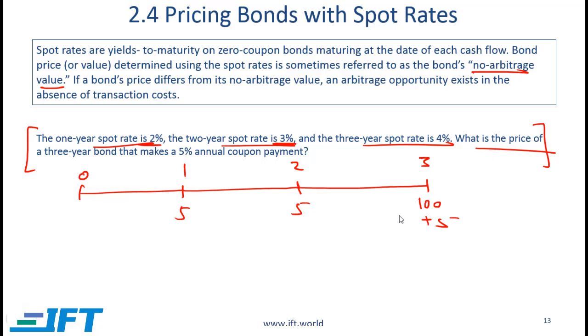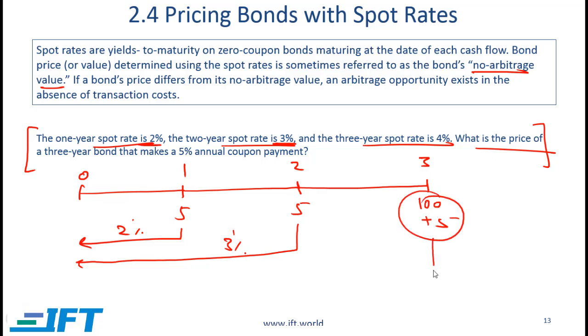Discounting with spot rates means that we take each individual cash flow and discount at the appropriate spot rate. So this cash flow will be discounted at 2%. The second cash flow will be discounted at 3%, and this third cash flow of 105 will be discounted at 4%.